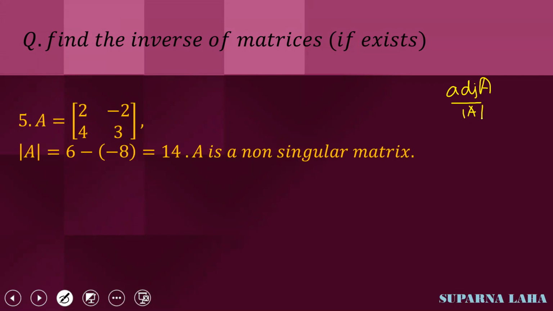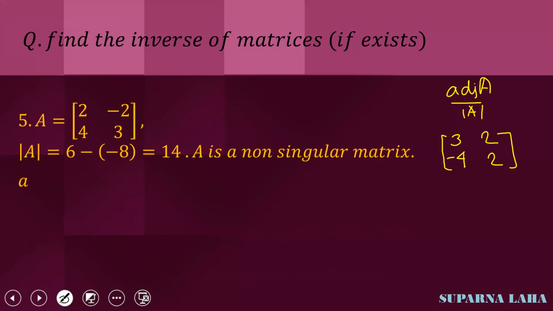So A is non-singular. So we can easily find the inverse, that is adjoint A upon determinant A. Now I told you how to find adjoint A for a 2 by 2 matrix. Just exchange its diagonal elements, that is 3 here, 2 here, and just add minus to the off diagonals, that will be plus 2 and that will be minus 4, right?